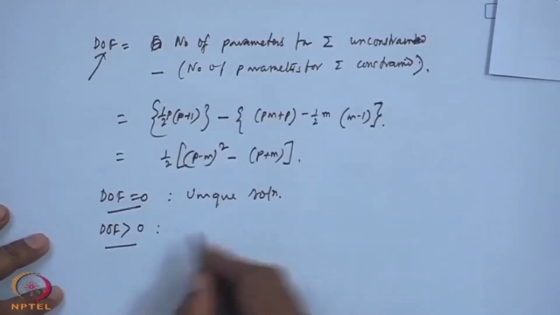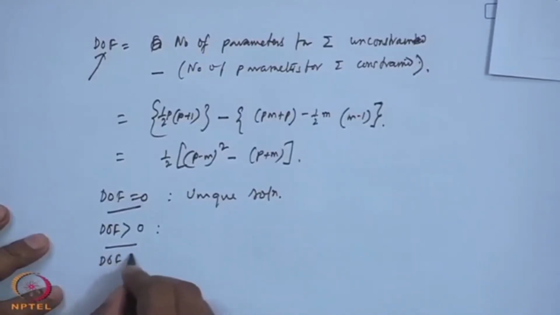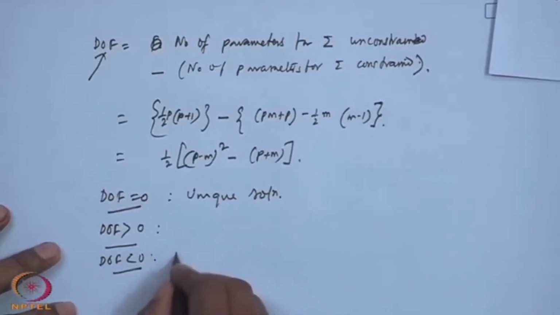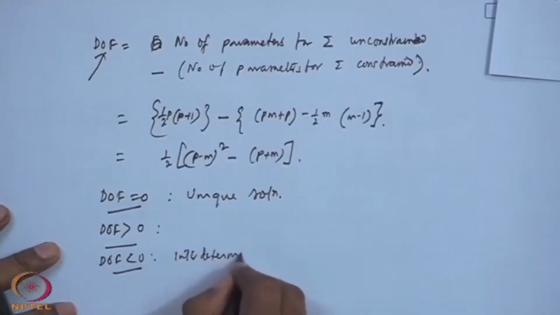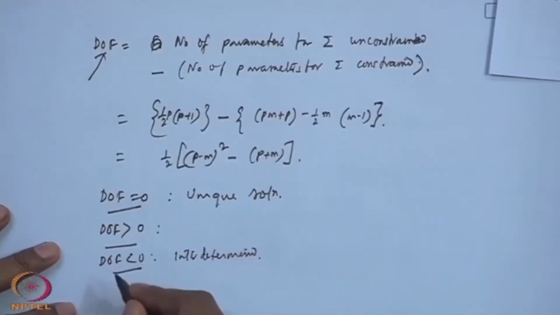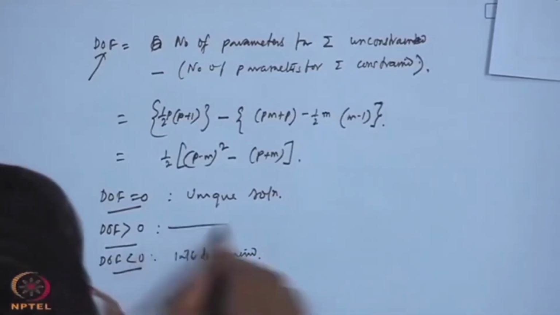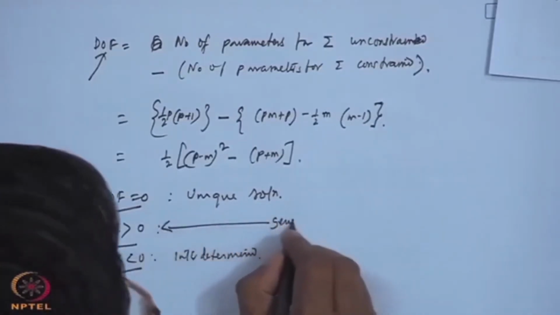And if DOF is less than 0, it is not determined, so we can say the factor model is indeterminate. Okay. The general situation is this.